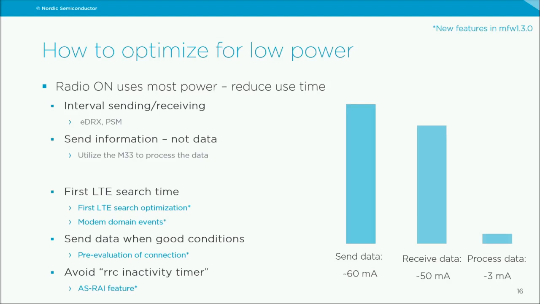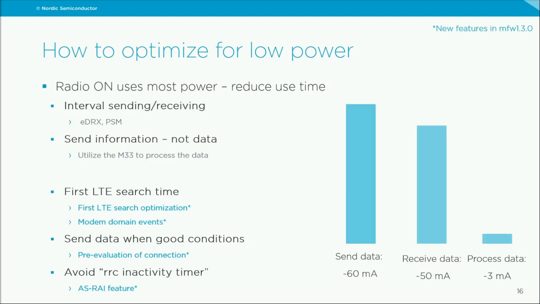For example, on the right-hand side here, we just have an example on sending data, receiving data, and processing data on the microcontroller unit. So if you have a device that has an accelerometer, instead of sending all this accelerometer data when the device is moving over the cellular network, you could instead process this data and send data only when the device, for example, has fallen off a ledge or is upside down or whatever your application is.